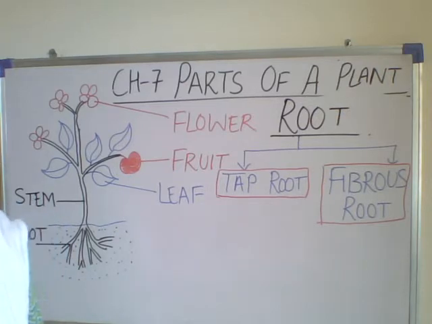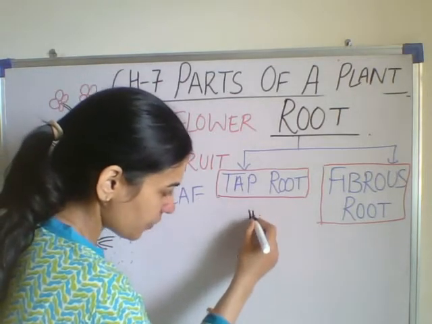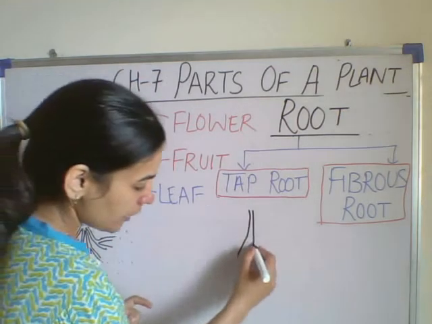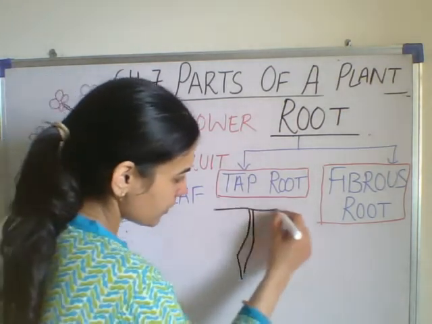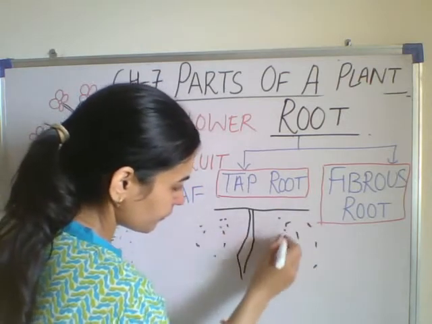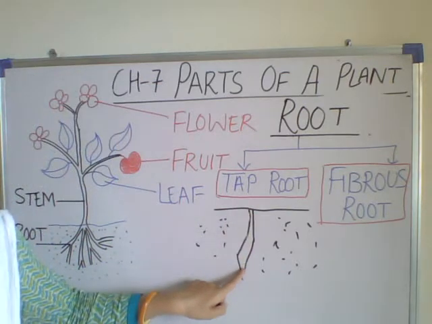If I draw the diagram of the tap root, how does it look? This one is the main root, growing in the downward direction below the ground.